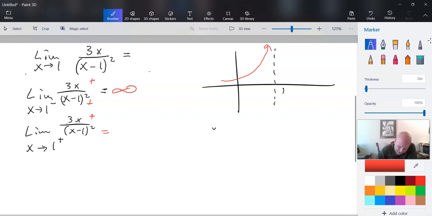And over here, I'm still squaring it, so I also get a positive number. This time, they both approach positive infinity. Since they're going the same direction, right? They're both heading upwards towards that asymptote. It's the same infinity. This time, one isn't positive and one isn't negative. That means the limit does exist, and it's infinity. Right? I know we've been saying it does not exist at this point, but it does, kind of.